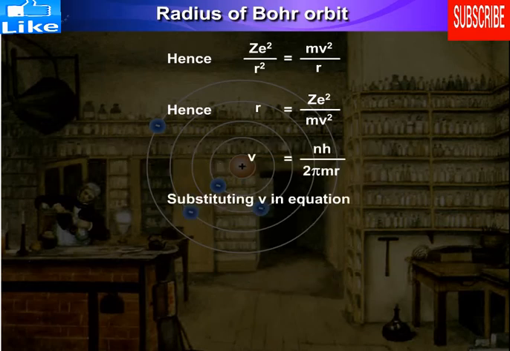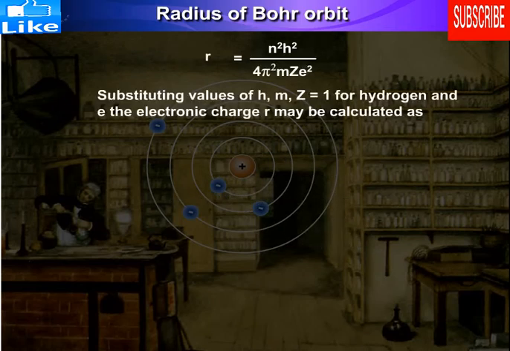Substituting v in above equation, r equals n square into h square upon 4 pi square m Z e square. Substituting values of h, m, Z equals 1 for hydrogen, and e for the electronic charge, r may be calculated as r equals 0.529 into n square angstroms.